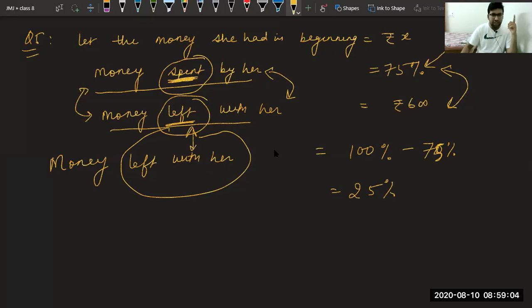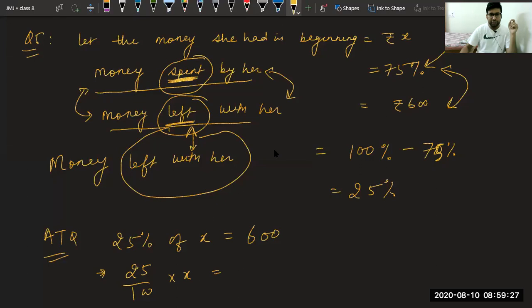So we can say, according to the question, 25% of x is the same as 600, and we can solve it. 25 upon 100 of x is equal to 600 and it is very easy now.